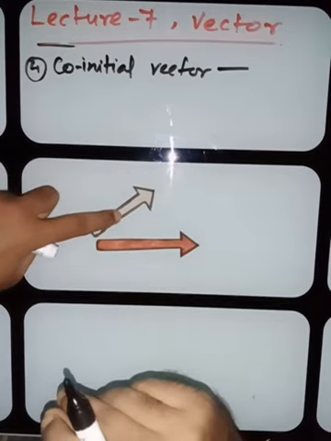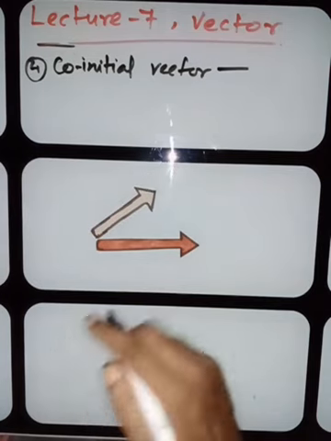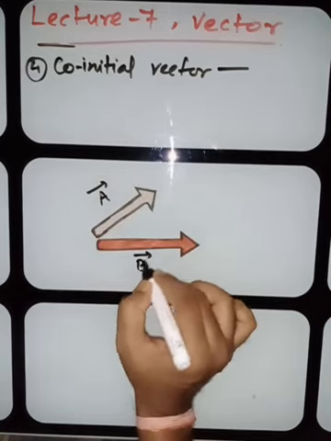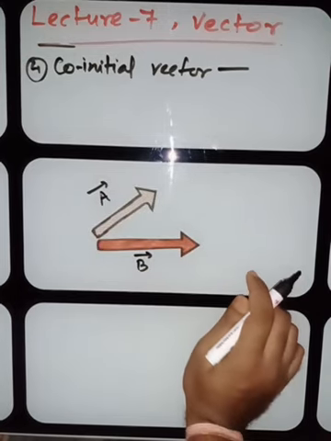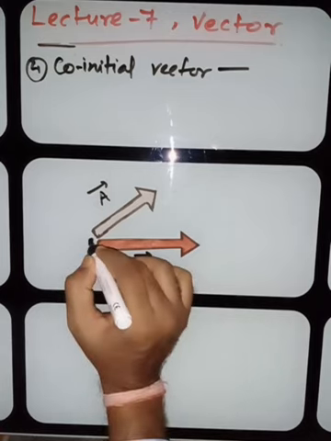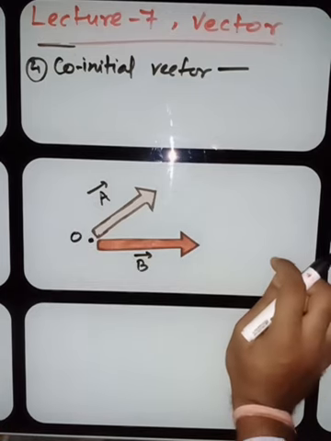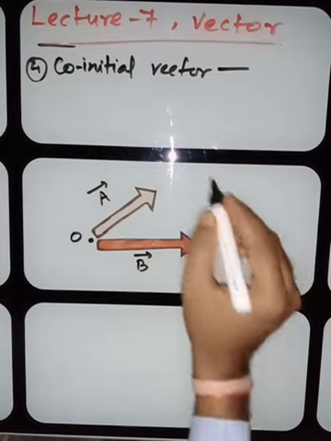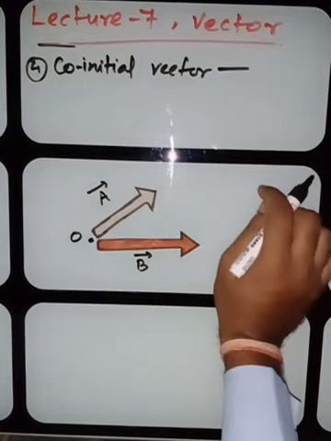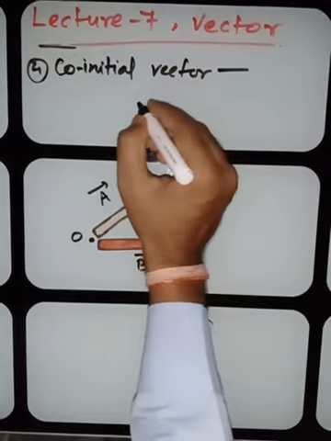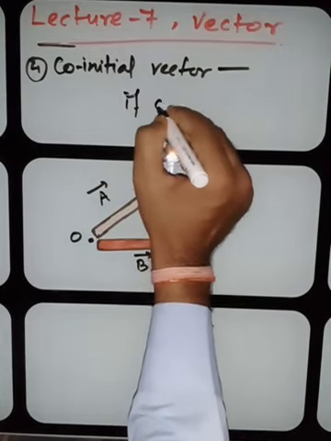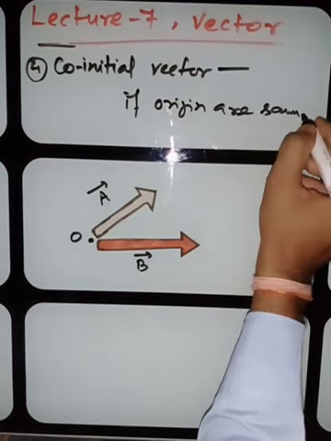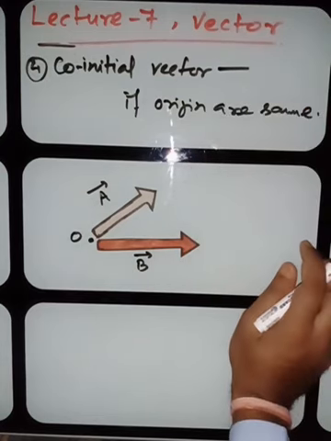If it is starting from here, suppose vector A and vector B, starting from the same point, here the origin is the same, O, then these two vectors will be considered the coinitial vector. So in coinitial vector you have to write: if origins are the same, then two vectors will be considered the coinitial vector.